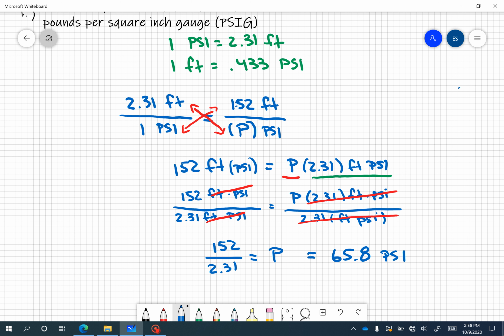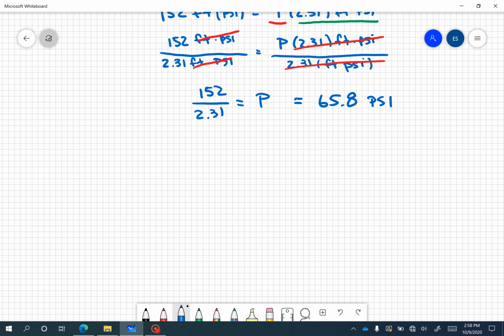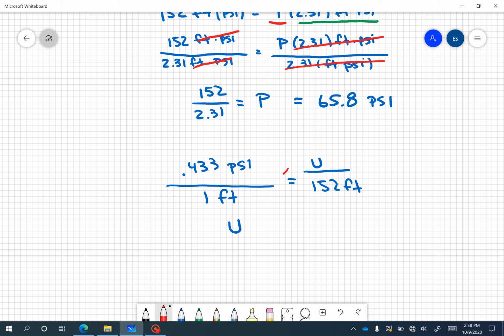If we wanted to use the other ratio, we could work the problem out the same way. 0.433 PSI equals 1 foot, equals our unknown PSI, and again we cross multiply, so we wind up with our unknown times 1 equals U, or our unknown.